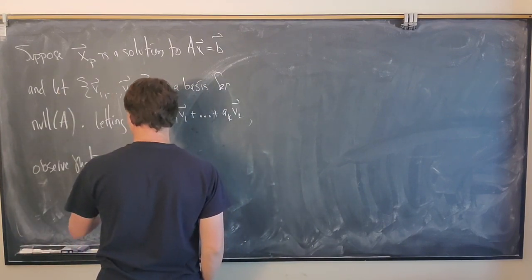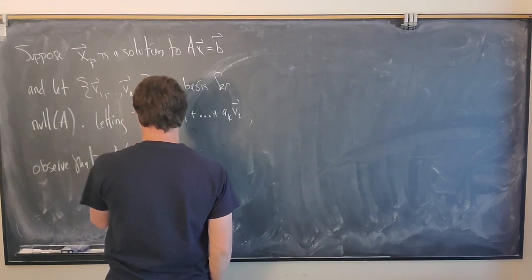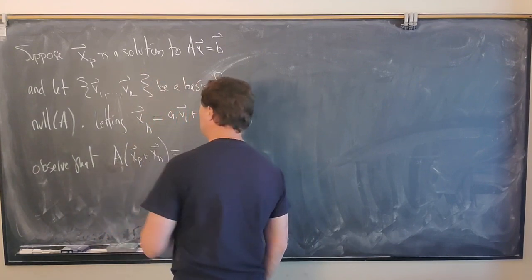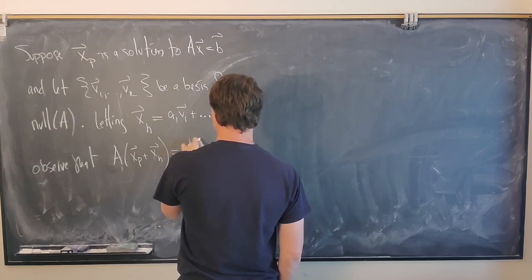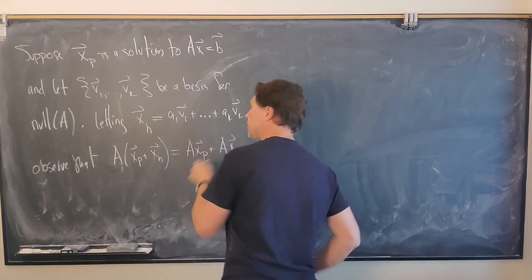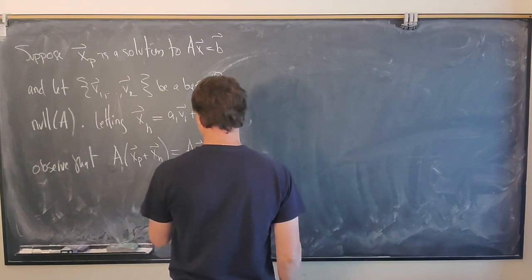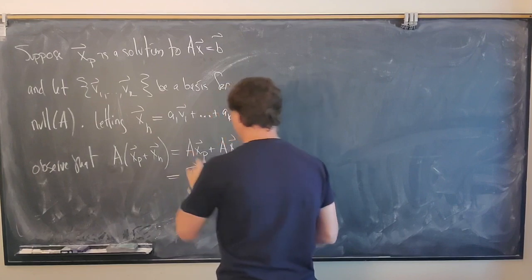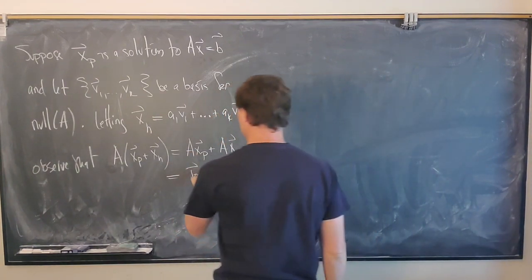Observe that A times X sub P plus X sub H is equal to AX sub P plus AX sub H, just using the distributive property here. X sub P is a solution to this one, so this is equal to B. X sub H is a solution to the homogeneous equation, so that's a 0 vector.